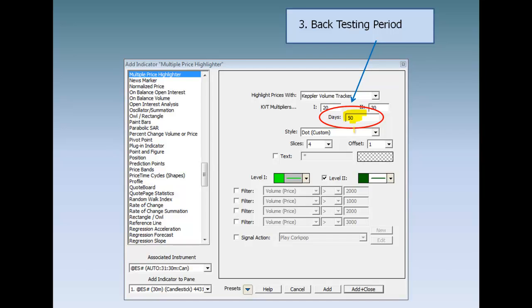So you can set this for 10 days, for 5 days, 2 days, 1 day, all the way up to 50. And I put the 50 here in the example because this is the most number of days the program will allow. If you go higher, it's not going to work well for you, so do not exceed 50 days.